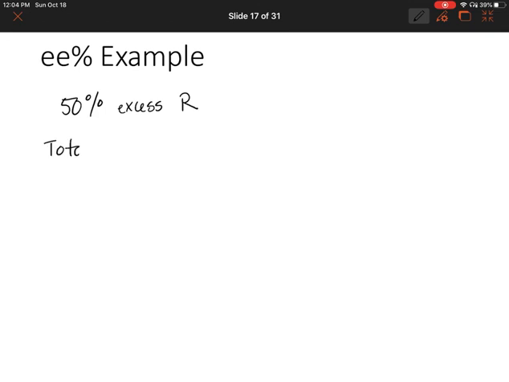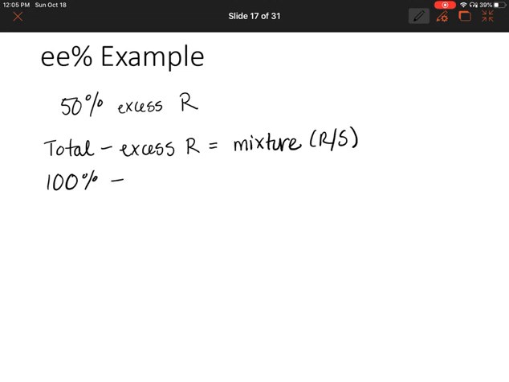So the total minus the excess R will equal how much mixture we have, which is R and S. So let's say our total is 100%. We'll subtract 50% for the excess, and that gives us 50% of our sample is a mixture of R and S.